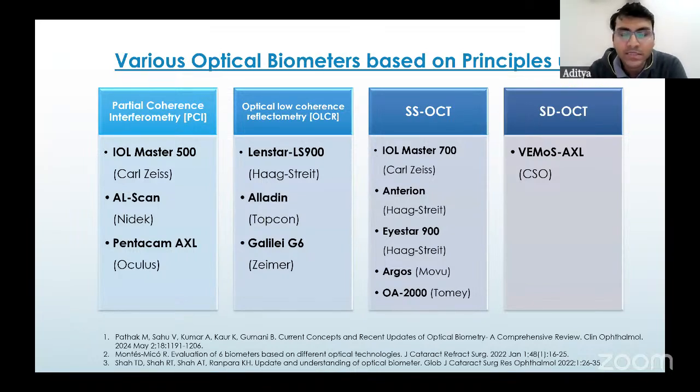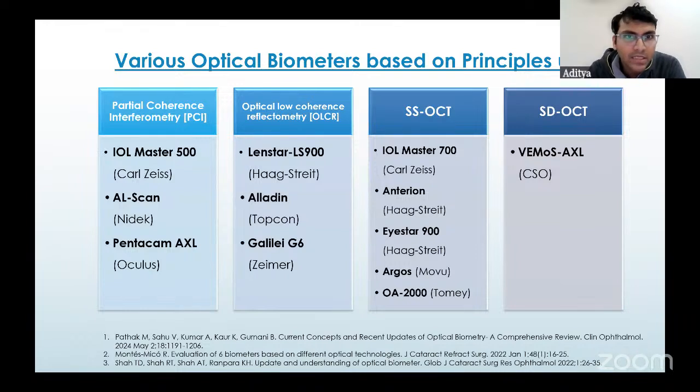This is the compilation of various optical biometers based on the principle they use. The four major principles are partial coherence interferometry, optical low coherence reflectometry, SS-OCT, and SD-OCT. Under PCI, there are biometers like IOLMaster 500 by Zeiss, AL-Scan by Nidek, Pentacam AXL by Oculus.